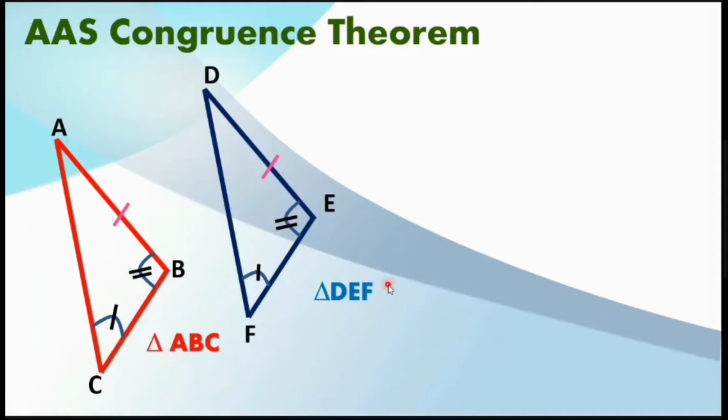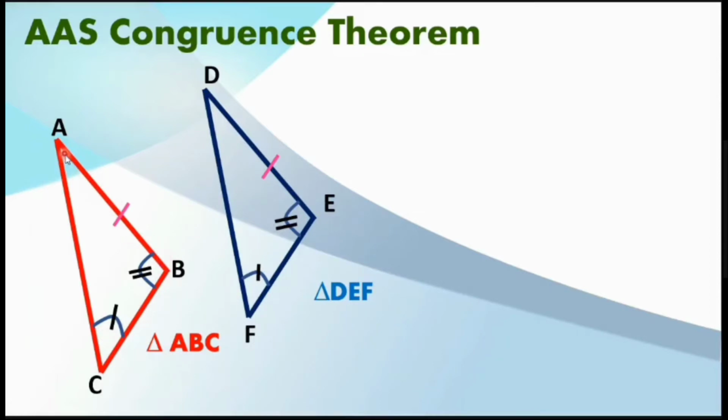Okay, so as we can see in the figures, we have here three pairs of corresponding parts that are marked. And what are those parts? Let us first have the first triangle, triangle ABC. The first part of this triangle that is marked is angle C. Angle C, ito po yung angle C. And then followed by angle B. So angle B is also marked, meaning angle, angle, and the last part is side AB.